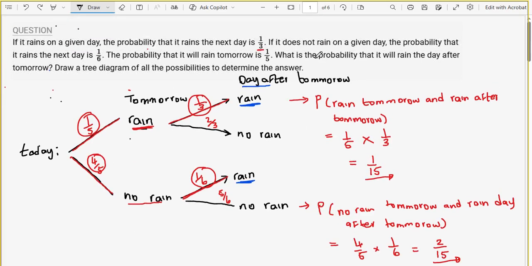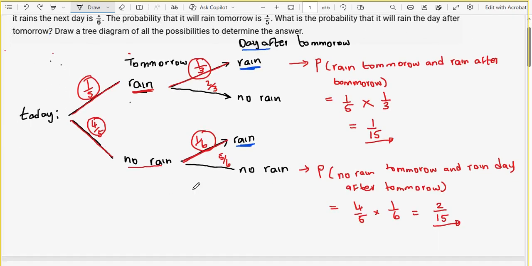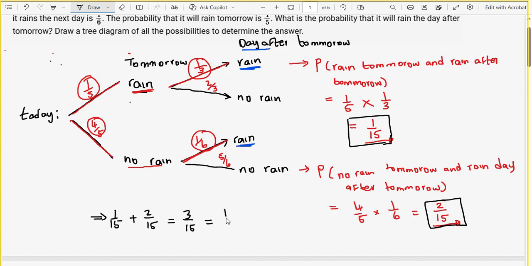Then to answer the question, what is the probability that it will rain the day after tomorrow? We're going to add the two probabilities. We take this probability and add it with that probability. So you take 1/15 and add it with 2/15, which gives us 3/15, which is the same as 1/5.